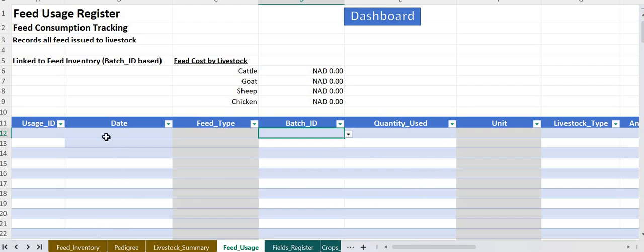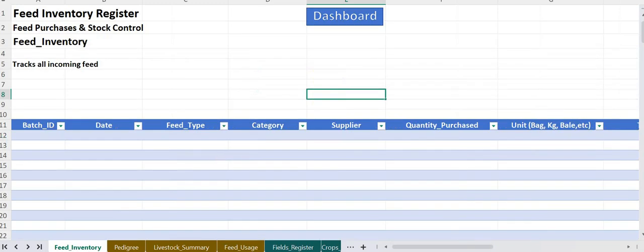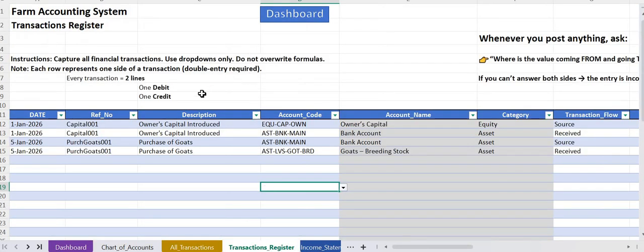Before we stock up on our inventory, of course, we need to first of all go and get the stock. Let's go to the transactions and do the financial transaction first, and then we will go and deal with inventory.